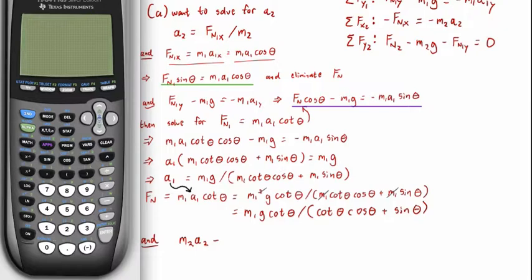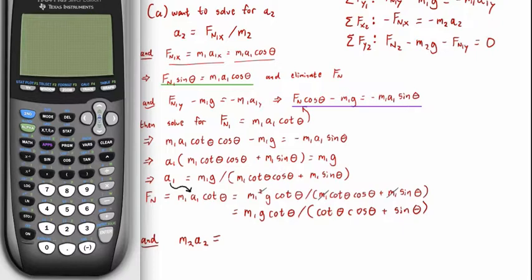And now I'm going to use that information to relate it back to m2, because we know that m2a2, from the sum of forces on the ramp in x, is equal to the x component of the very same normal force we've been working with.